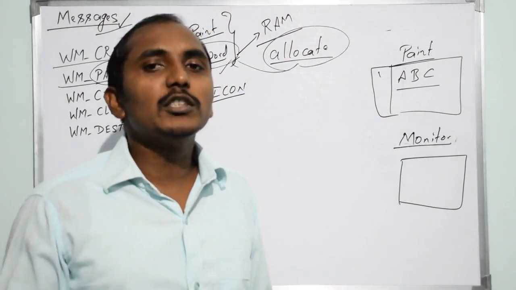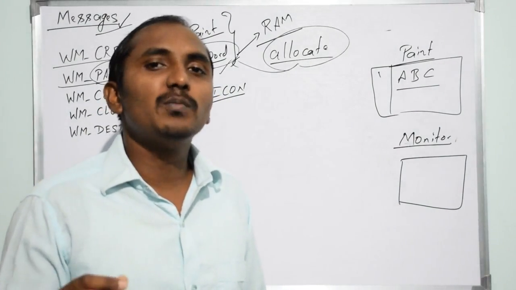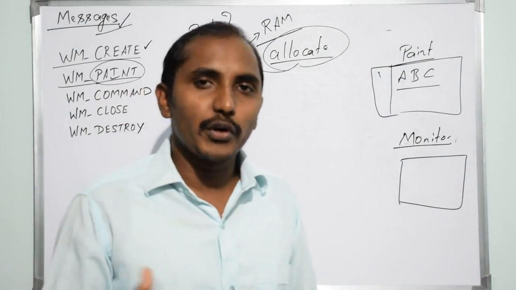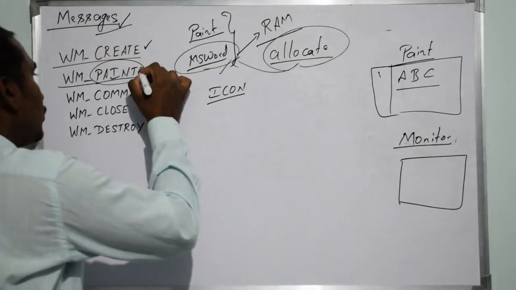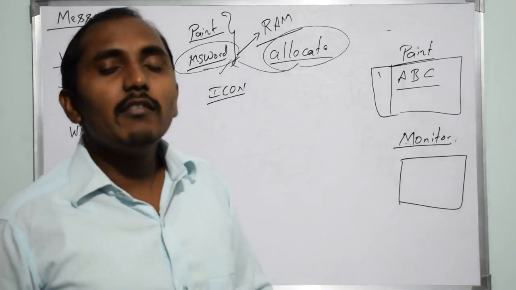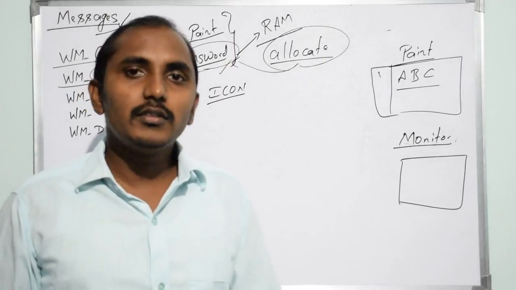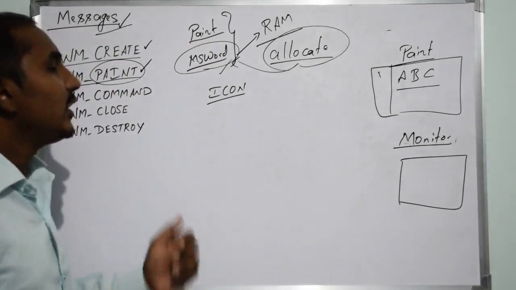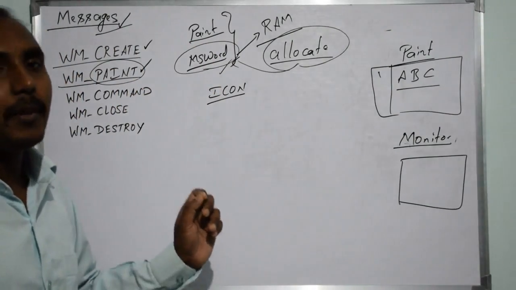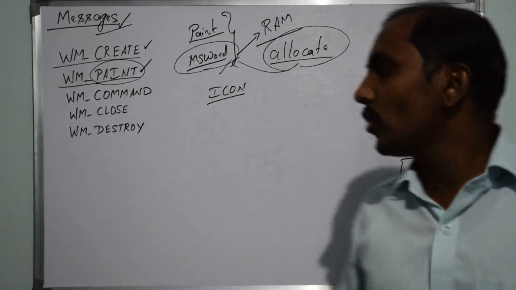So WM paint is, whenever some information has to be written onto the display device, we call this message called WM paint. Understood? Now we'll go to the next message, which is WM command. What is WM command? It is going to handle the events. What kind of events?